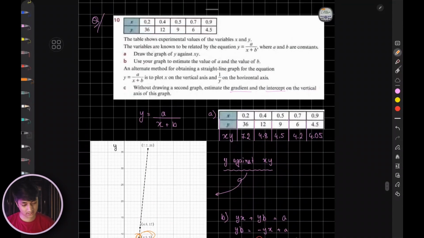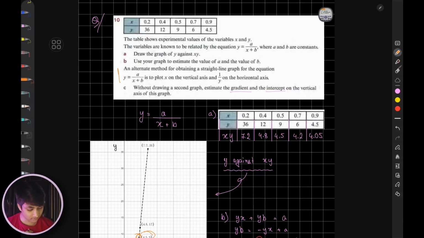And for C, they're asking you, without drawing a second graph, estimate the gradient and intercept on the vertical. Oh, wait, there's an extra part. Sorry. An alternate method for obtaining a straight line graph for the equation y is equals to a by x plus b is to plot x on the vertical axis and 1 by y on the horizontal axis. So it's going to be x against 1 by y. Fair enough.